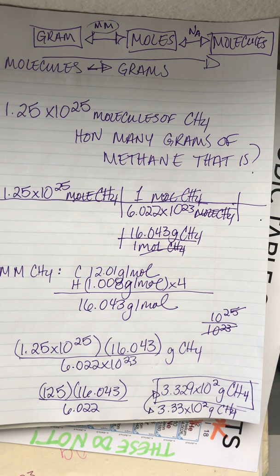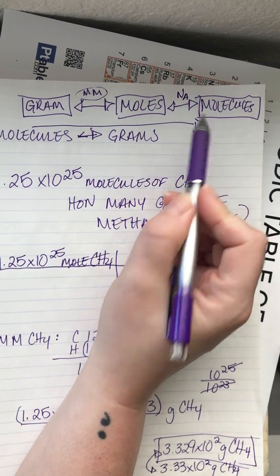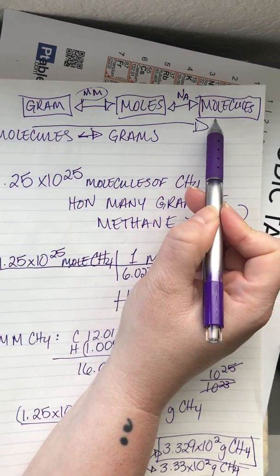So, did you guys have any intuition about the fact that 10 to the 48th grams of something was probably crazy? It's okay if you didn't, but that's the first thing you want to be thinking about with these problems: does my answer make sense? If you're going from grams to molecules, you're starting out with a really small number and going to a huge number.